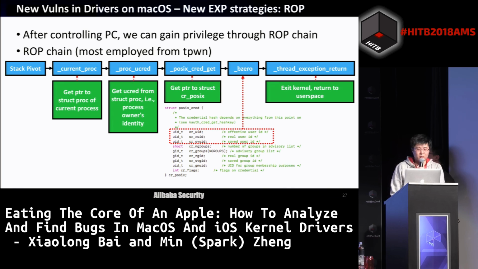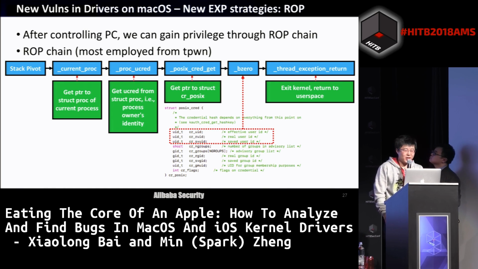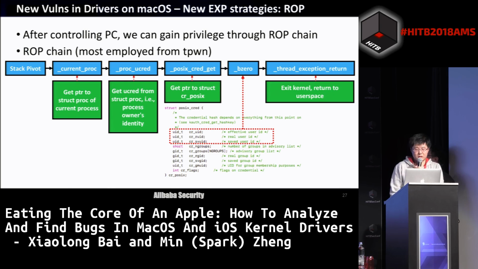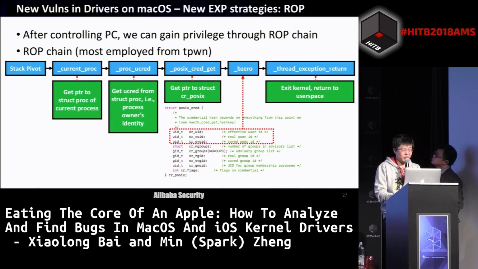After that, you can use bzero to set cr_uid, cr_ruid, and cr_svuid to 0. It will set the process to root, and then you use thread_exception_return to exit the kernel and return to user space. Then you can use setuid to get the root privilege.